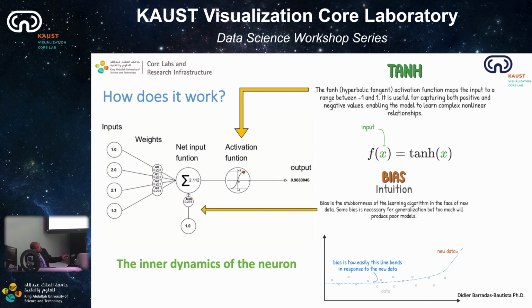But if it goes to +1, it passes the output to the left part. Here we're using something called hyperbolic tangent that goes from -1 to +1. However, there are other activation functions that are more used. For example, the ReLU. It's a different kind. It just goes from 0 to positive values and then flat out here. But the important part here is that everything together is what goes over and over and over in the training.